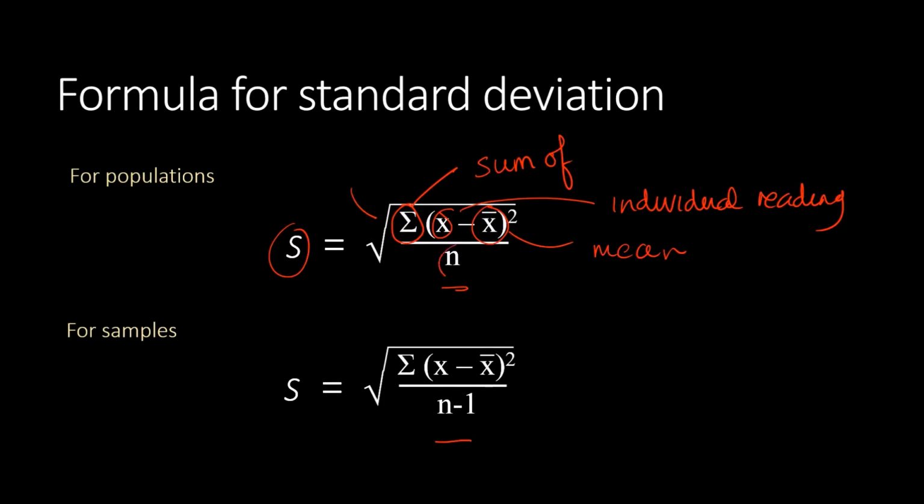Squared is squared, and n is the number of readings, or the number in the sample.